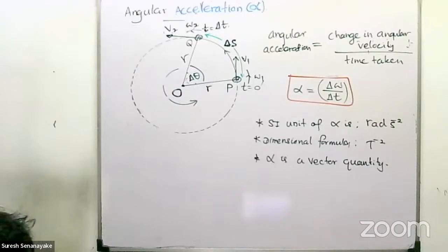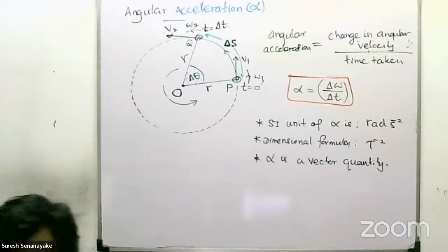The first way is by changing the magnitude of the angular velocity, the angular acceleration can occur. But without changing the magnitude, by changing the direction of the angular velocity also, it can have angular acceleration. And third one is both the magnitude and the direction are changing. They are having an angular acceleration.